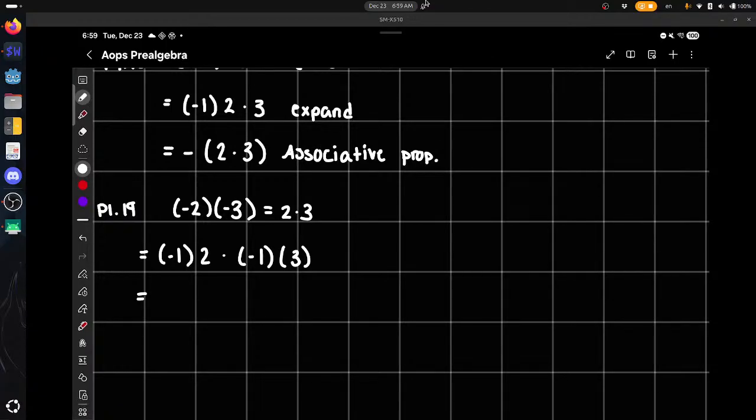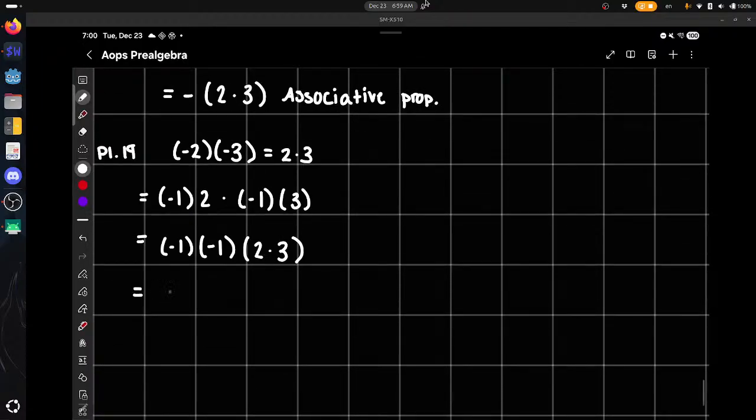Wait, no, we cannot do that. Sorry, I thought I saw a plus. So this is really just negation 1, negation 1, and then 2 times 3. Let's group that up, and then we can write it like this.